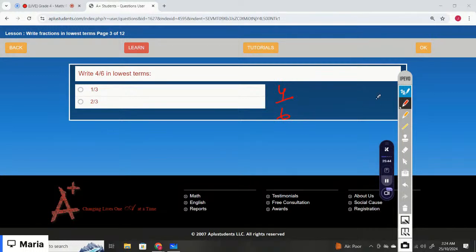The greatest number that can divide both is 2. So 2 times 2 is 4 and 2 times 3 is 6. The correct option is 2 by 3.